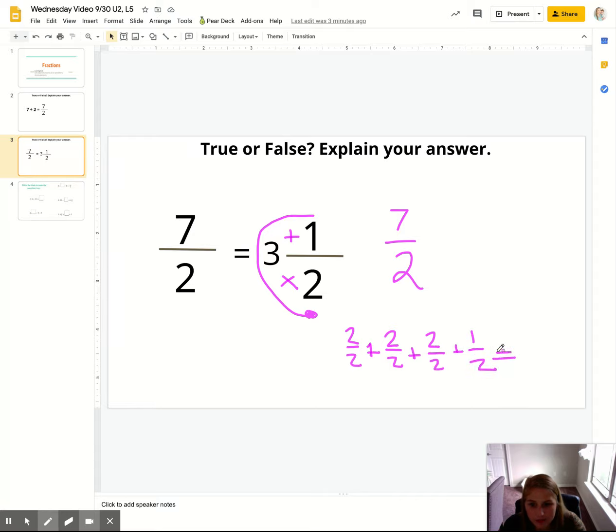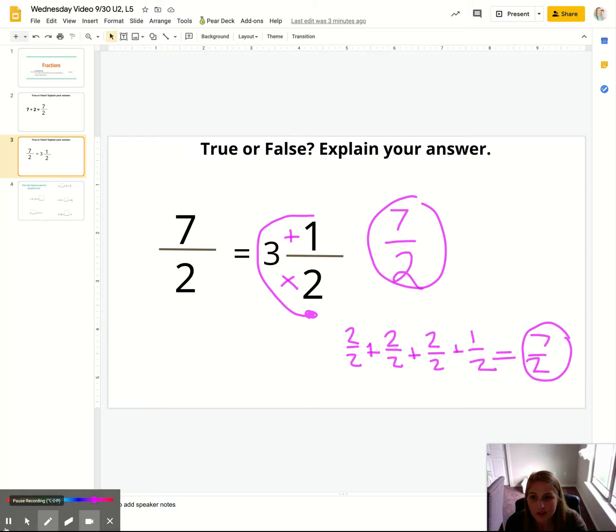Whenever we add fractions, the denominator stays the same. Then I'm going to add these together. 2 plus 2 is 4, plus 2 is 6, plus 1 is 7. So I got the same answer, 7 halves. So 7 halves equals 7 halves. So yes, this answer is true.